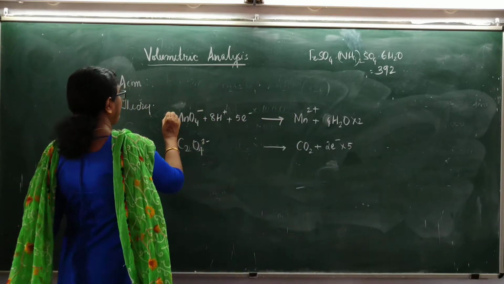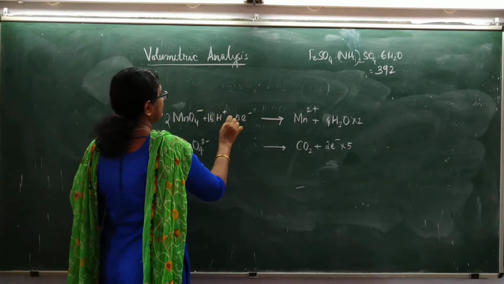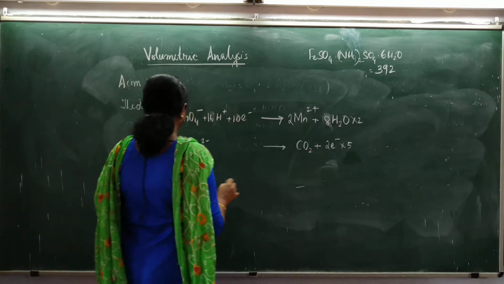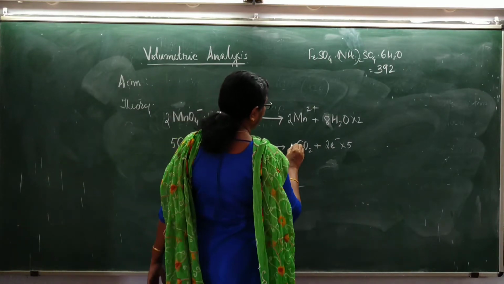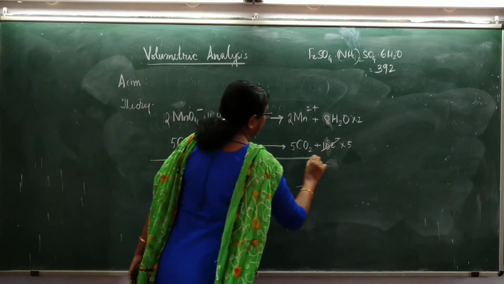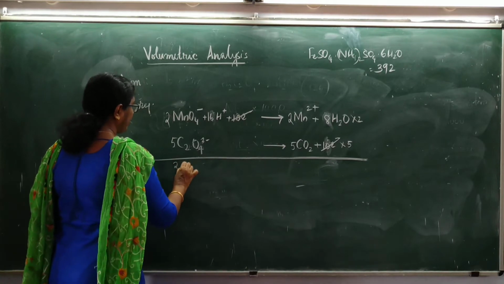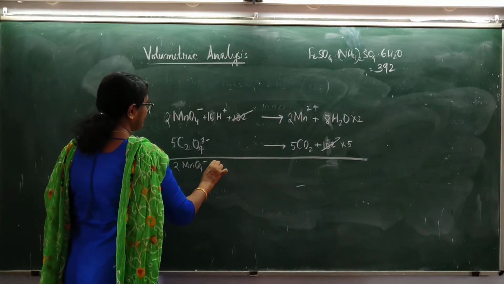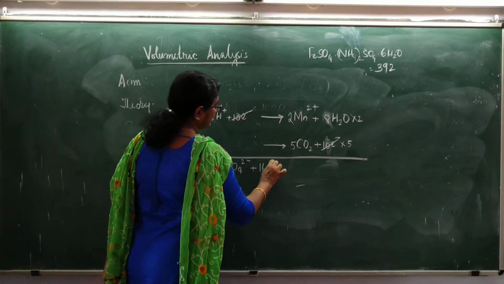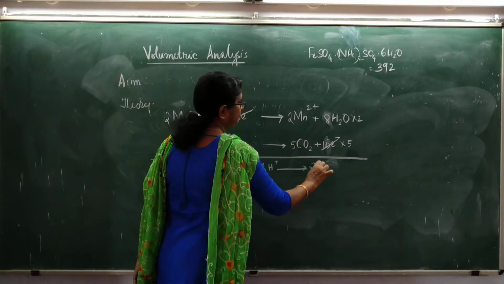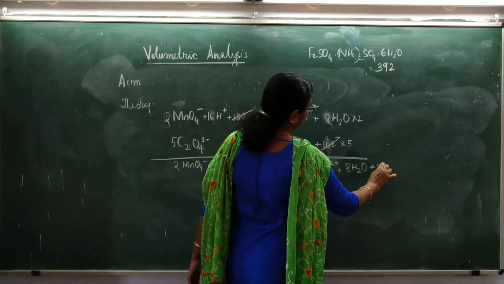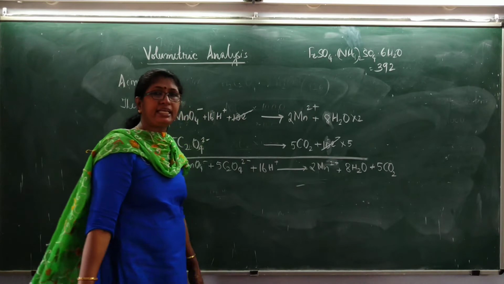You will get 2 MnO4 minus plus 16H plus plus 10 electrons will give you 2 Mn2 plus plus 8 H2O, and here 5 C2O4 2 minus will give 5 CO2 plus 10 electrons. 10 electrons will cancel, and then you add these two, you will get 2 MnO4 minus plus 5 C2O4 2 minus plus 16H plus will give you 2 Mn2 plus plus 8H2O plus 5 CO2. This is our balanced ionic equation.